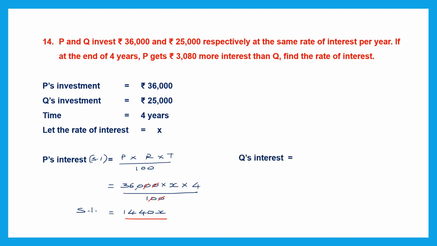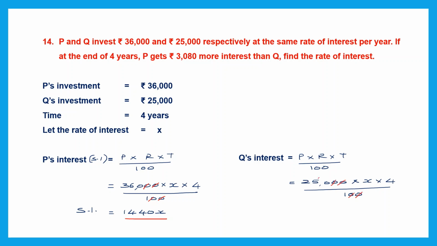Now that we have found the simple interest of P, let's find the simple interest of Q. So simple interest of Q again will be P into R into T divided by 100, and principal in this case is 25,000 rupees. So let's write 25,000 into R, which is X here, and time is the same, 4, divided by 100. Now let's cancel. I can cancel 2 zeros here and 2 zeros here.